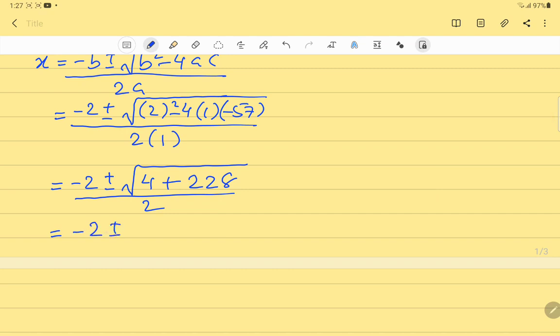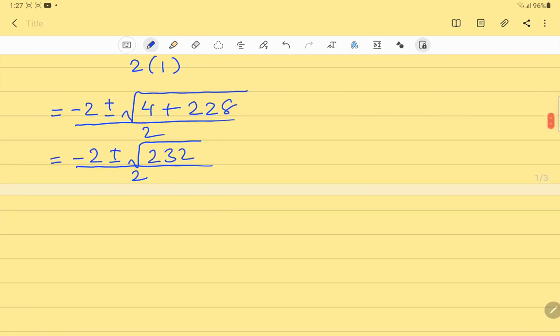Minus 2 plus minus square root of 4 plus 228 is 232, divided by 2, is equal to minus 2 plus minus square root of 232. This 232 can be written as 4 into 58.